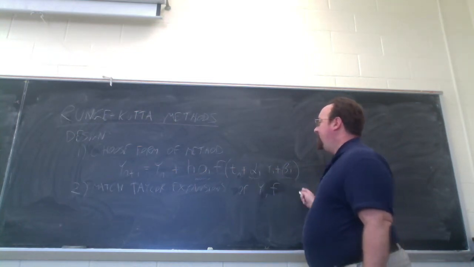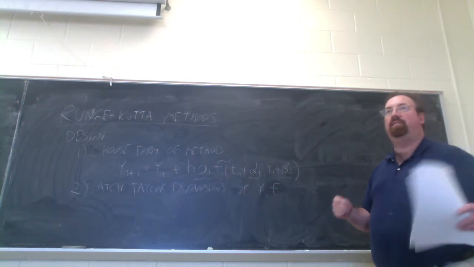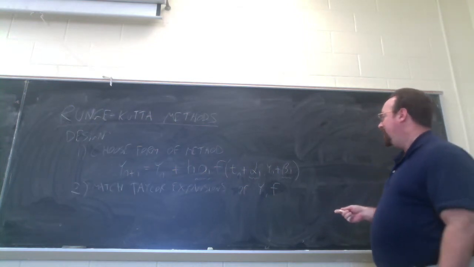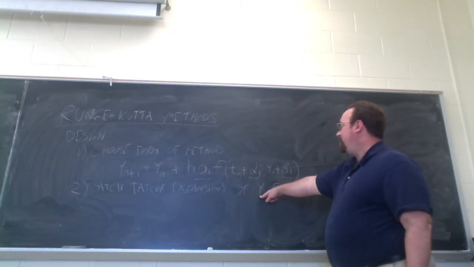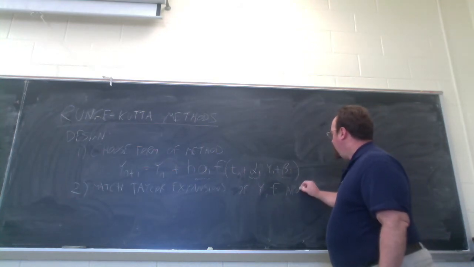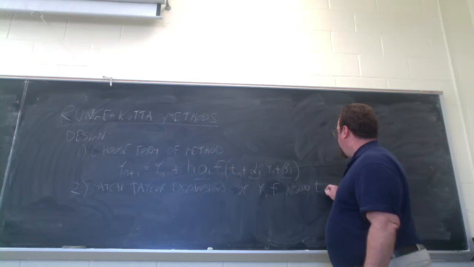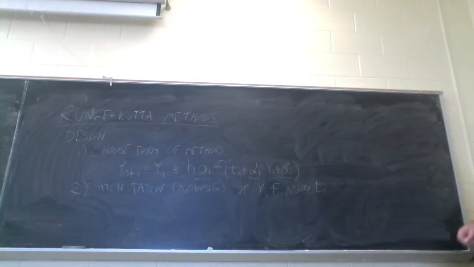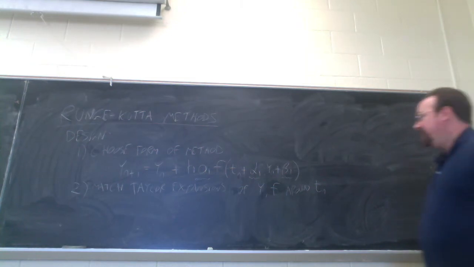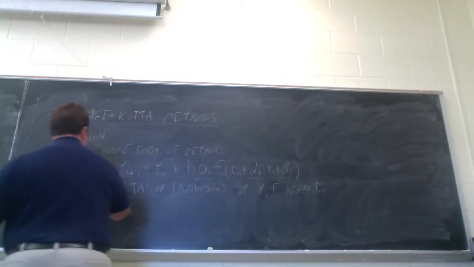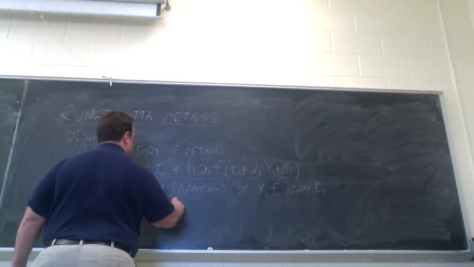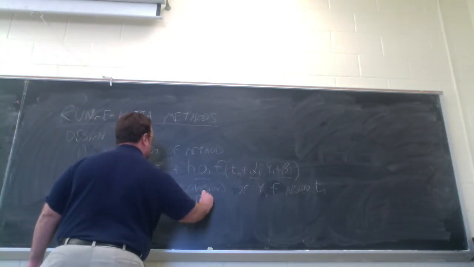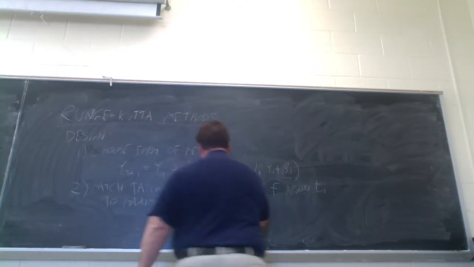So any evaluations of f, you're going to Taylor expand those. So that's a multivariable Taylor expansion we're talking about. And you're going to match that against a Taylor expansion of y. And any Taylor expansions should be done around t_n, since we're trying to get from t_n to t_{n+1}. And we do this in such a way as to maximize the order of accuracy.